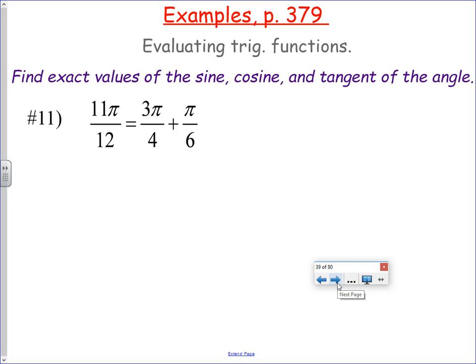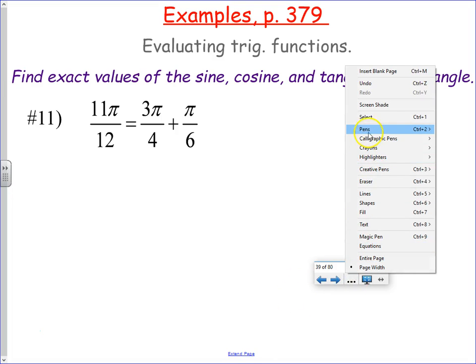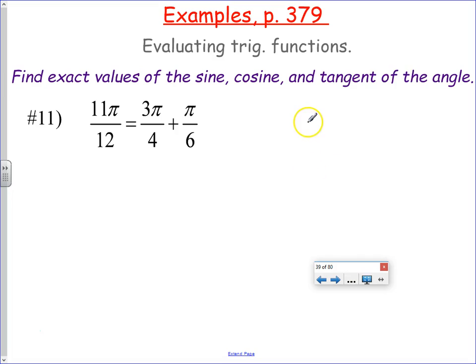Now what? Okay, they want us to solve for sine, cosine, tangent of 11 pi over 12. But why can't we just use the unit circle? Why on earth do we need this section? Yeah, why not just go to the unit circle? Is there an over 12 in the unit circle?